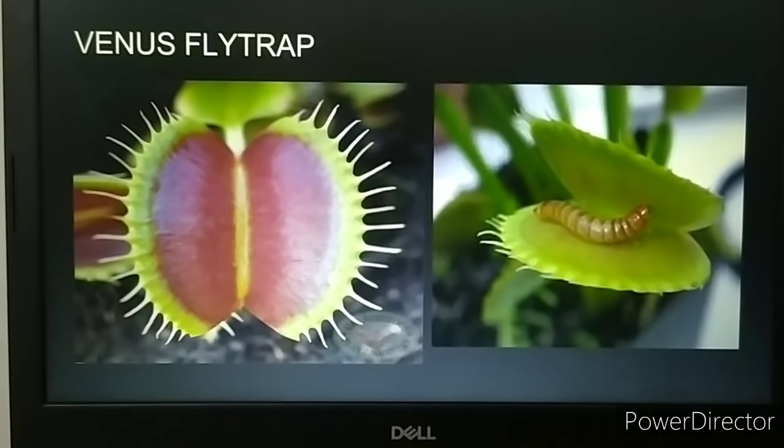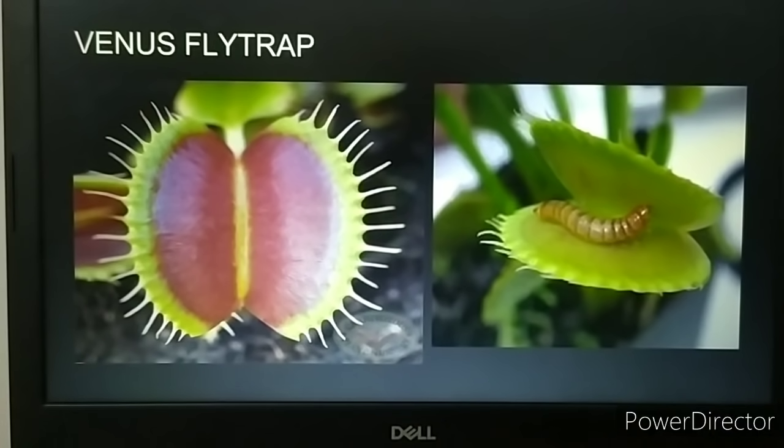The next type of modification is seen in the Venus flytrap. In this, the edge of the leaf, that is, the outer end of the leaf, has long, pointed, stiff hair. Stiff hair means hair which is not easy to bend.